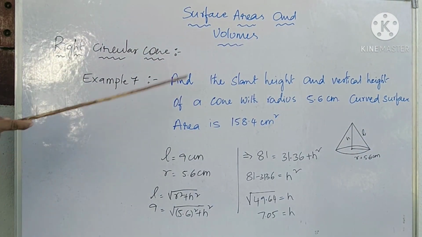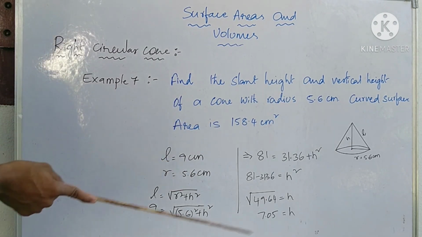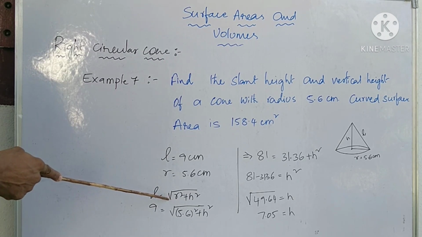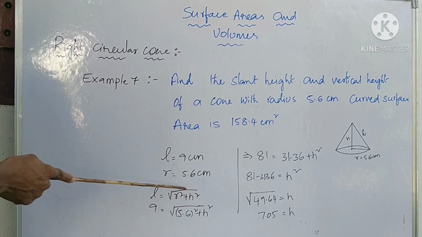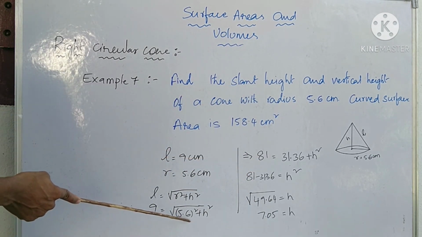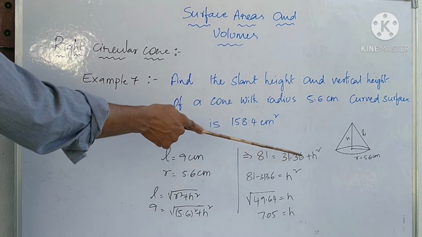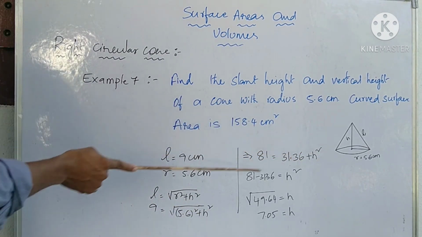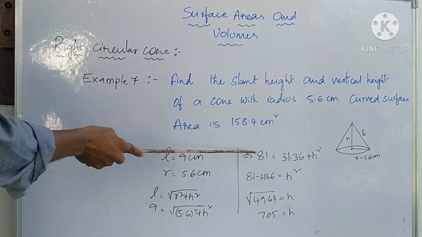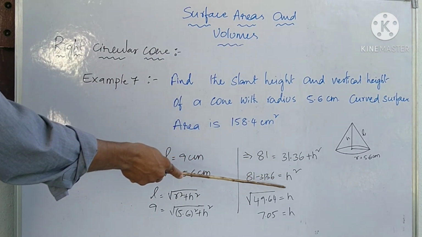Here slant height L is 9 centimeters and radius is 5.6 centimeters. The slant height formula is L equals square root of r square plus h square. Transposing the square root, 81 equals 5.6 square, which is 31.36, plus h square. So 9 nines are 81, minus 31.36 equals h square.